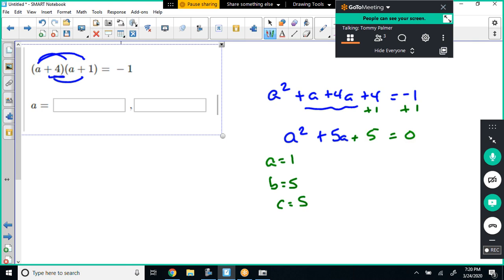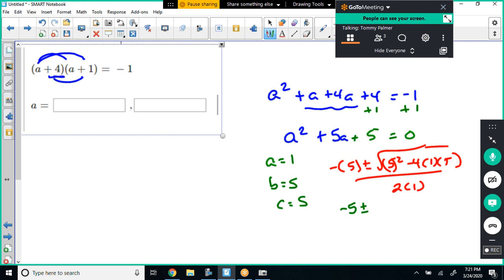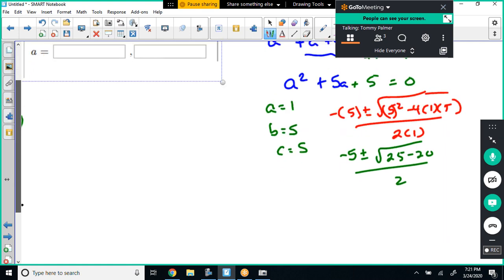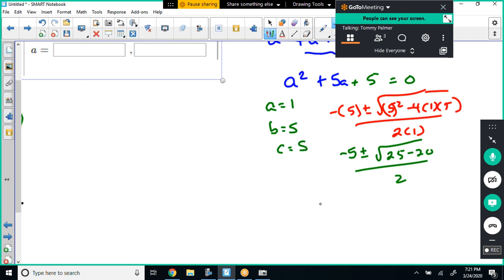Okay, so we go -5 plus or minus the square root of 5 squared minus 4 times 1 times 5, all over 2 times 1, right? So that's -5 plus or minus the square root of 25 minus 20, all over 2. So I get -5 plus or minus the square root of 5 over 2, right?